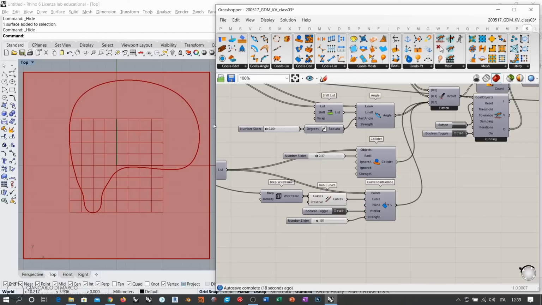Instantaneous deformations are those phenomena that bring instability inside the system and might cause some self-intersection or some resonance in the oscillation, the vibration of this system. Basically it becomes unstable, and Kangaroo is no longer capable of going back to a controlled situation. But you see that now this thing is behaving properly.